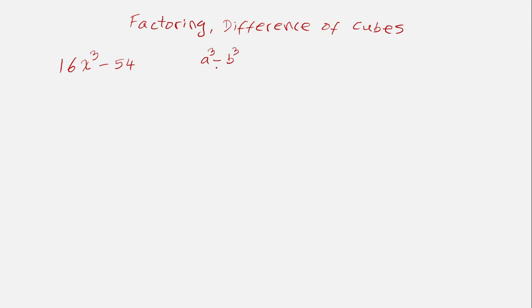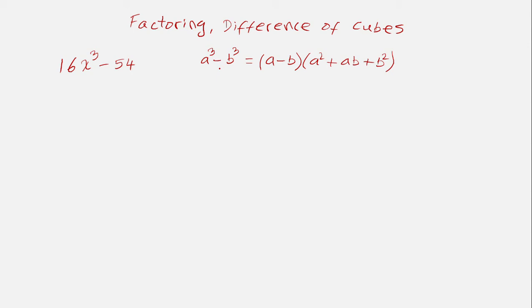So a cubed minus b cubed, and then that factors like this: a minus b. This sign we copy here, and then a squared plus ab plus b squared.